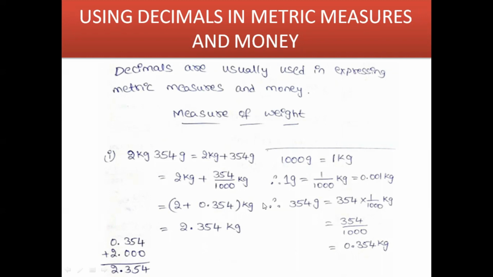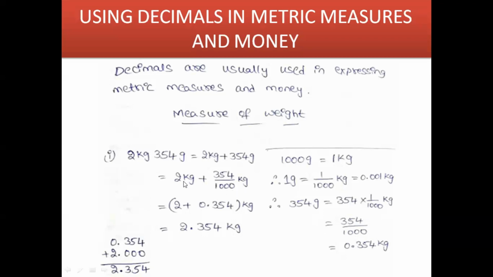Now let's see 354 grams. It is equal to 354 into 1 gram, which is how much? 1 by 1000 kg. 354 into 1 means 354 by 1000. Now we are changing into decimals, 0.354 kg.